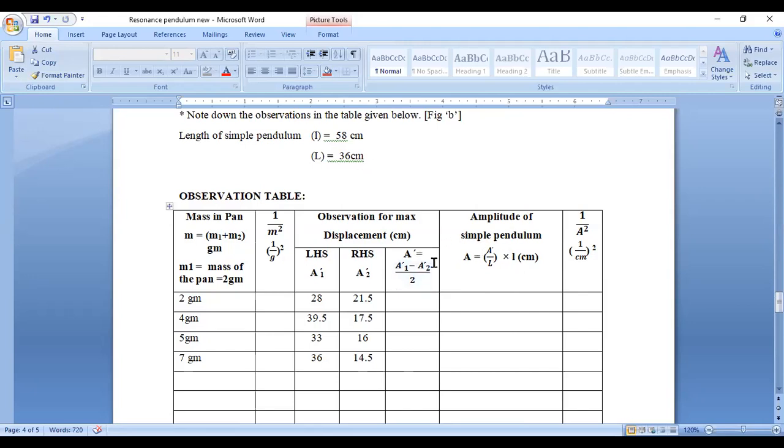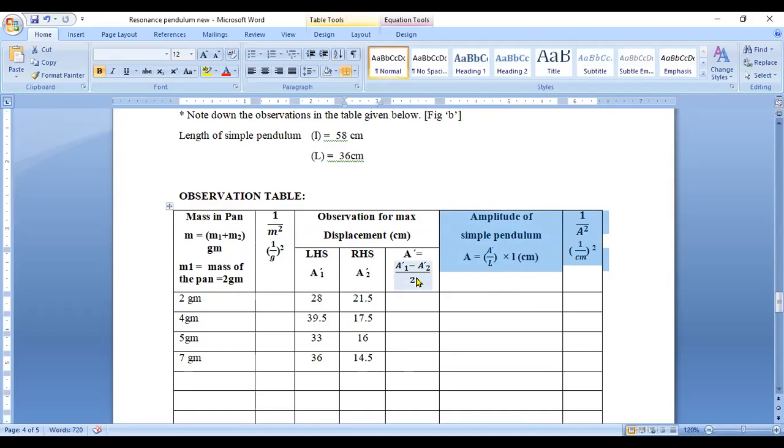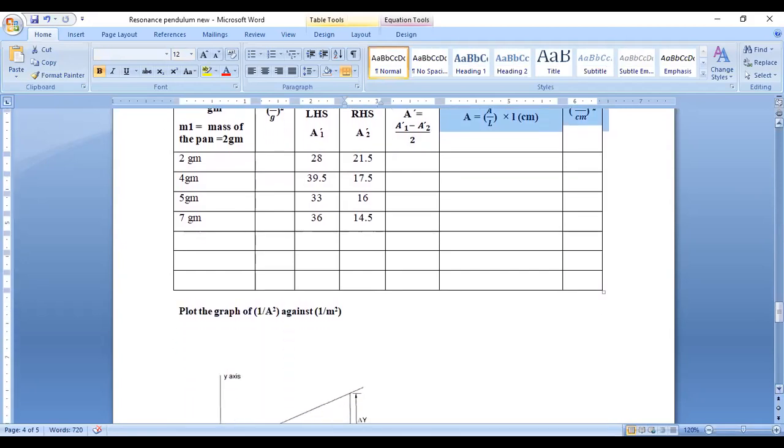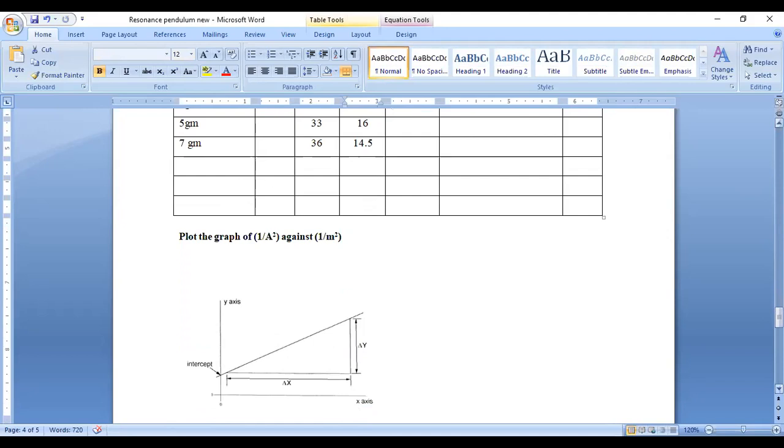A dash you know, and L is the length which you consider slightly less than L0. Then find out 1 upon a square. Because for a compound pendulum, there is a relation between amplitude and the mass which you are keeping in the pendulum.